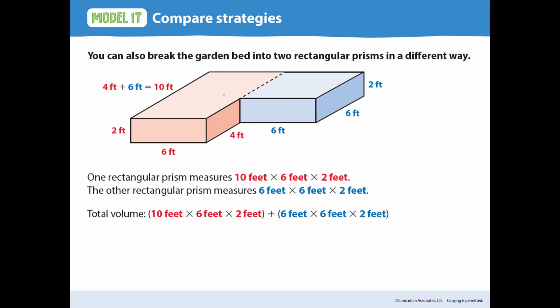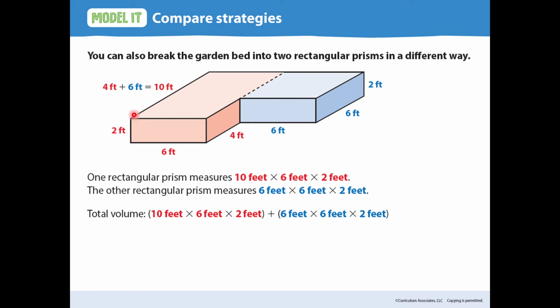You can also break it apart the other direction. So if we split it into two shapes this way, we have one rectangular prism, this orangey colored one, that is 10 feet times 6 feet times 2 feet. Now you might be thinking, how did we get 10? So this side right here, we don't have the length labeled.